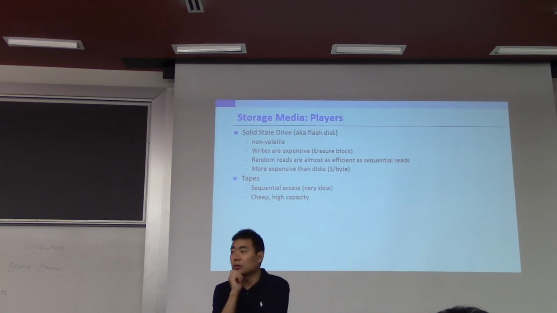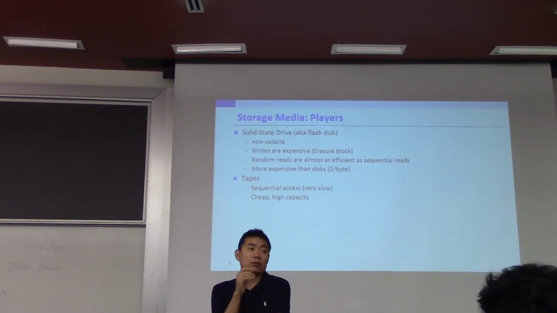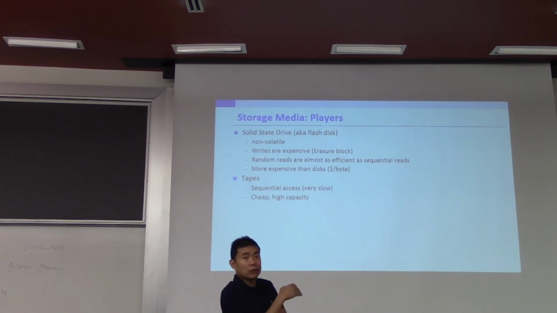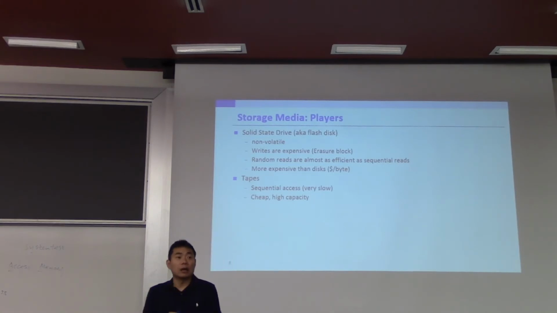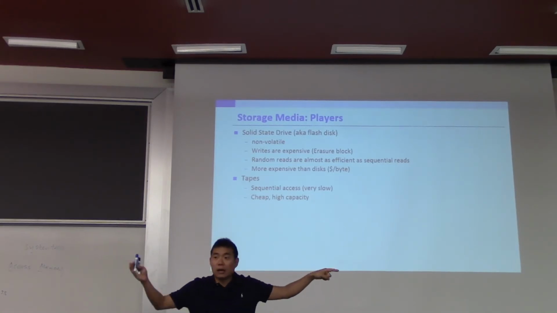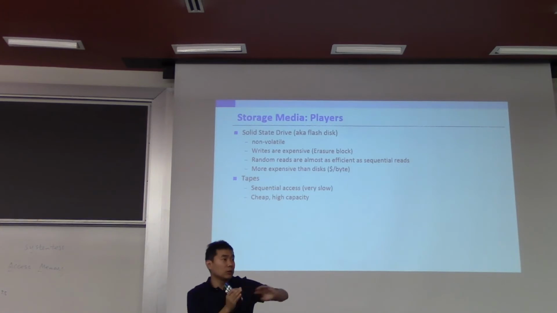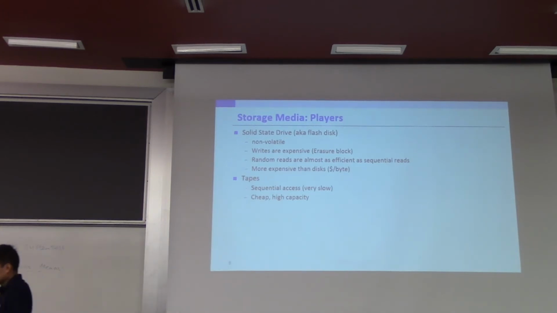In those cases, most likely I will push off those data to tape. Tape only supports sequential access. It doesn't really support random access, meaning if you want to access a particular location, you have to start from the beginning and do a sequential scan until you reach that position. For that reason, it's very slow. But it has the highest capacity. That's why it's used for archiving purposes.